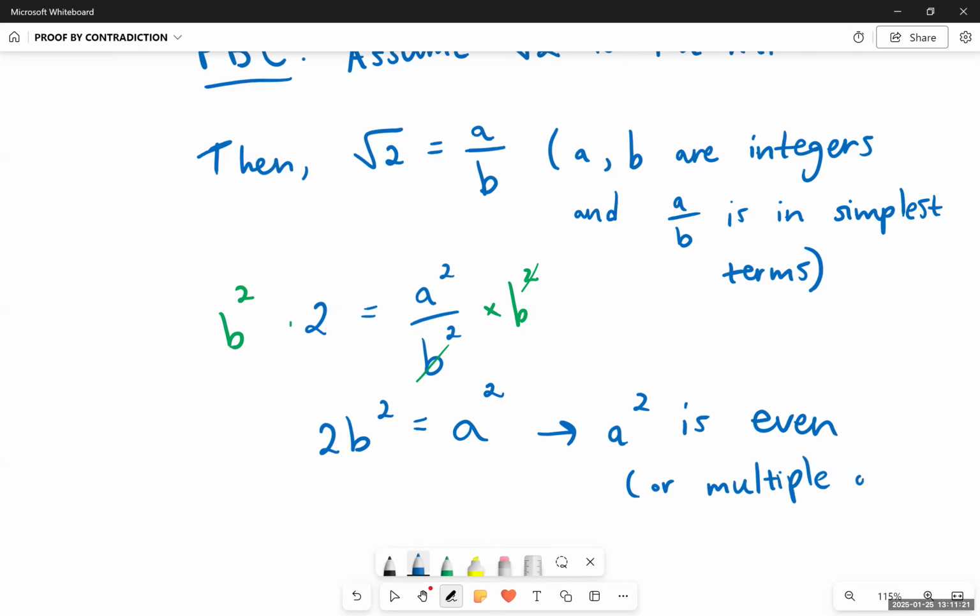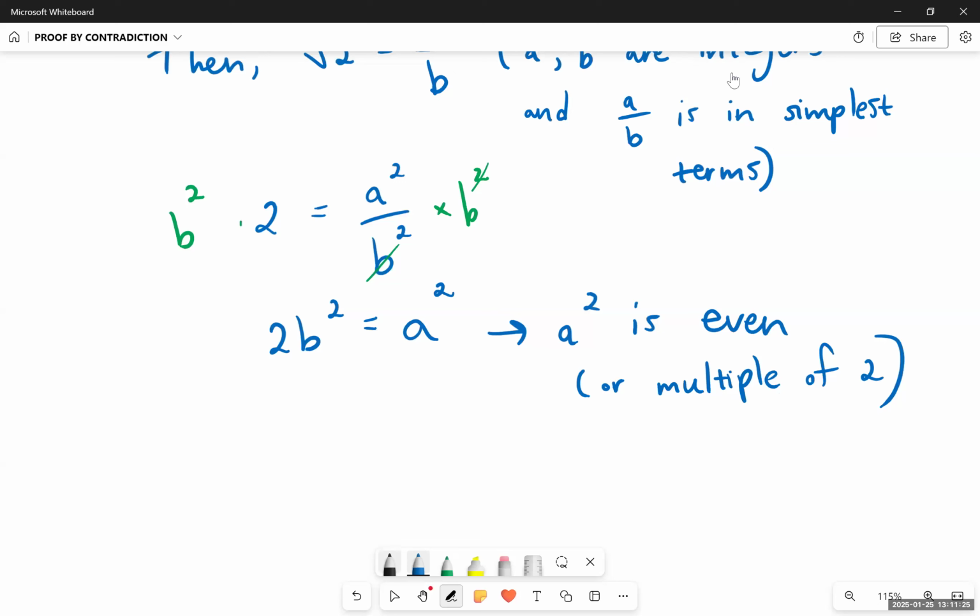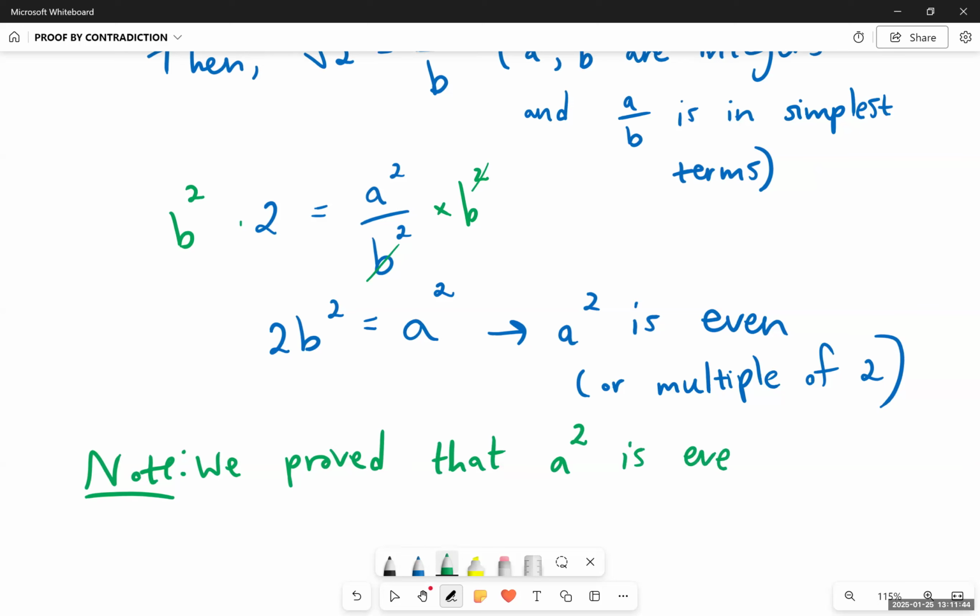And then if you also refer back to that video on direct proof, you'll notice that, I'll put this here, make this a note, we proved that a squared is even only if a is also even.